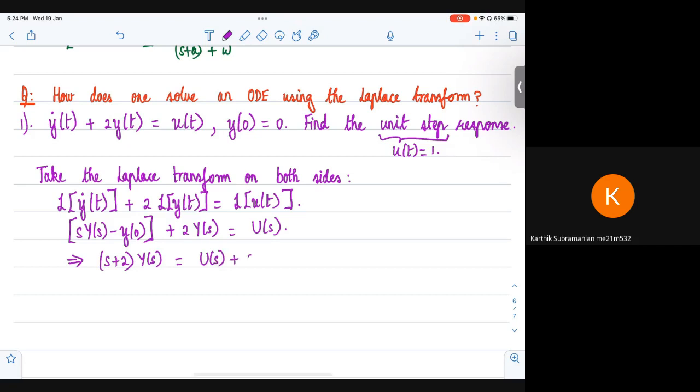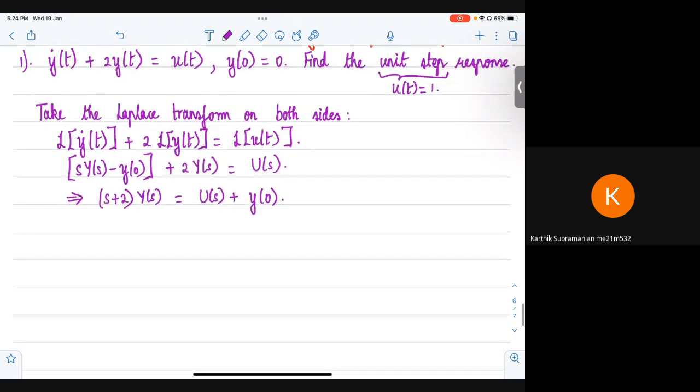So I hope it is clear what I'm doing, right? I'm just simplifying. So I'm collecting the term containing capital Y of s, which will be plus 2 times Y of s, and that's going to be equal to U of s plus y0.